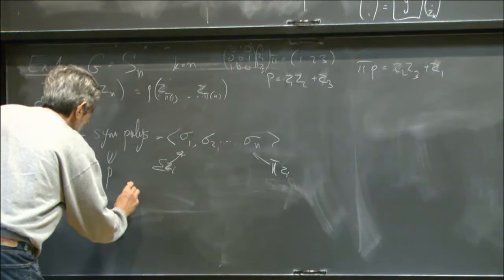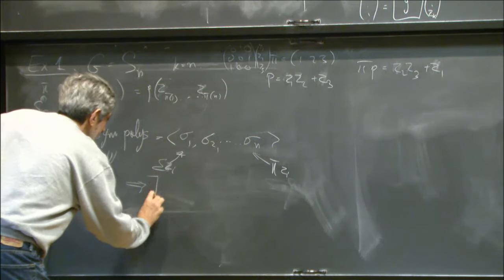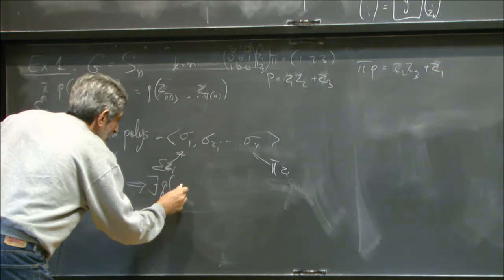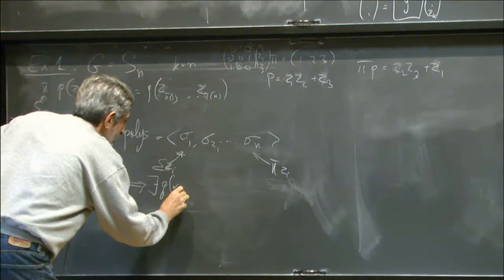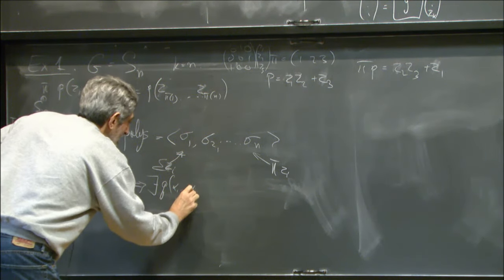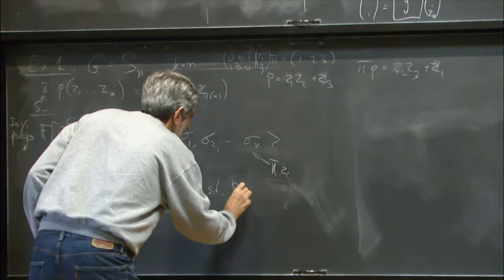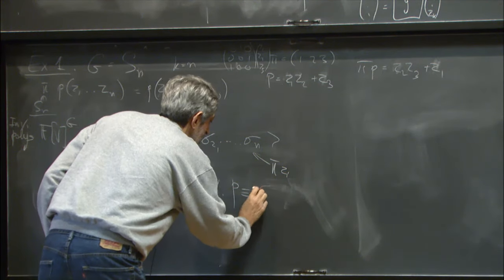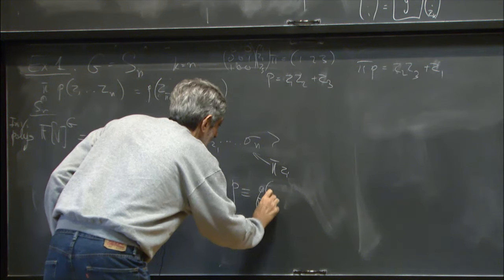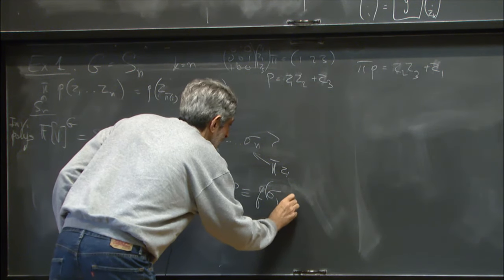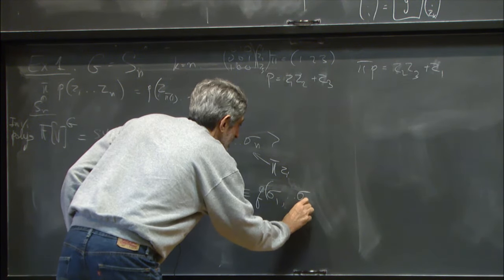then it means that there exists some Q of, I don't know, alpha 1 to alpha n, such that P will be identical to Q when you substitute in it the polynomials sigma 1 to sigma n.